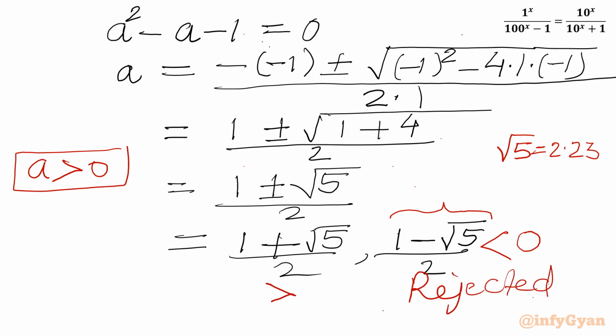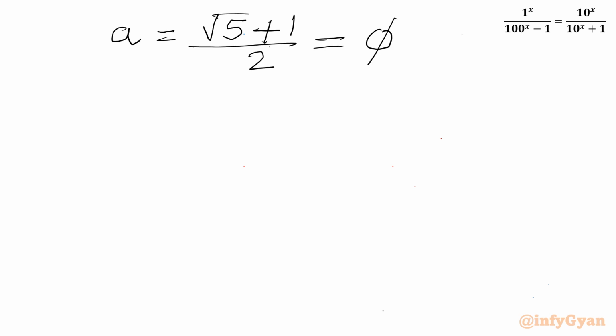So 1 plus root 5 over 2 is a positive quantity, so it will be accepted. So we can write here a will be equal to root 5 plus 1 over 2, which is the golden ratio. Let me write here a equal to root 5 plus 1 over 2. This is equal to the golden ratio.